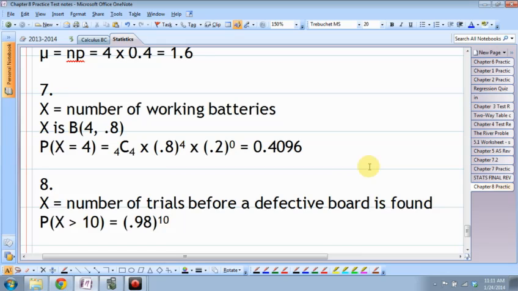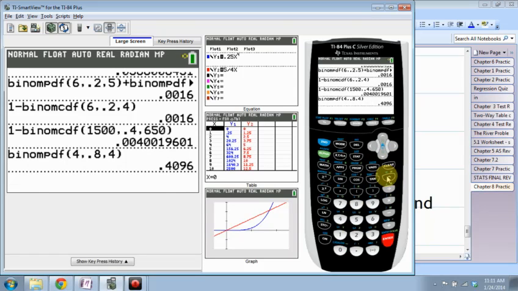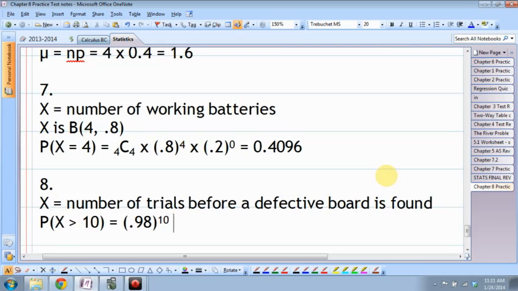We're guaranteed that the first circuit board that fails is going to be after that 10th trial. So this is 10 working circuit boards. What's the probability of that? That's 0.98 to the 10th power. 0.8171.